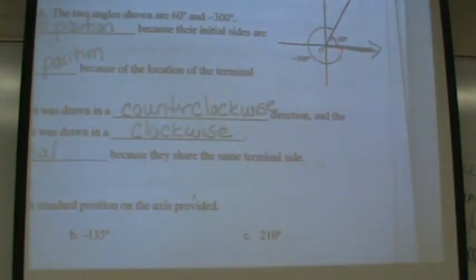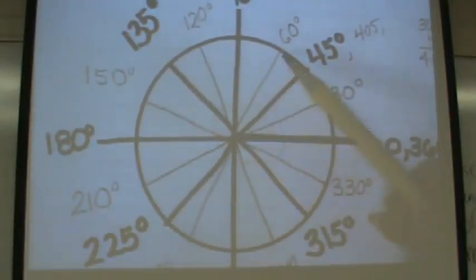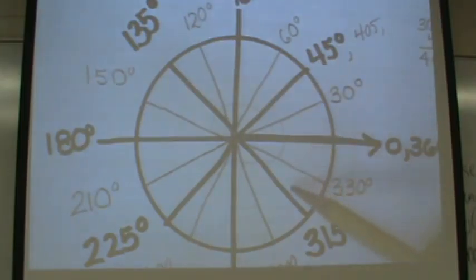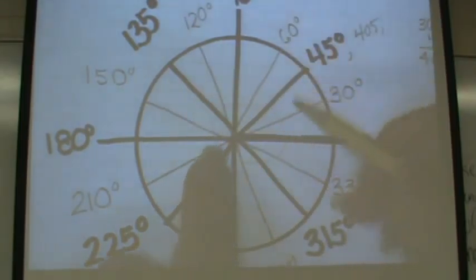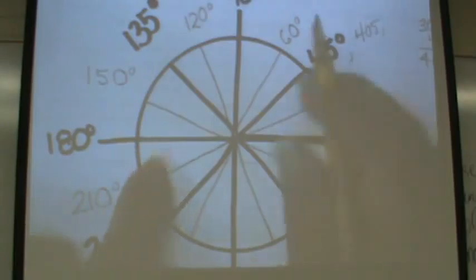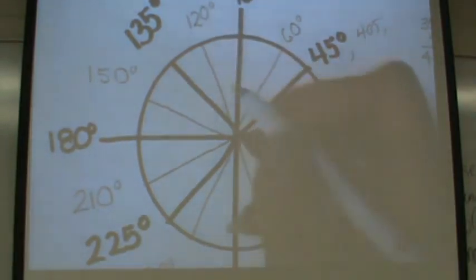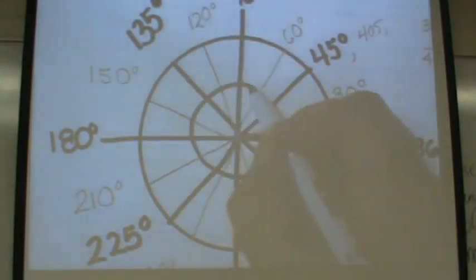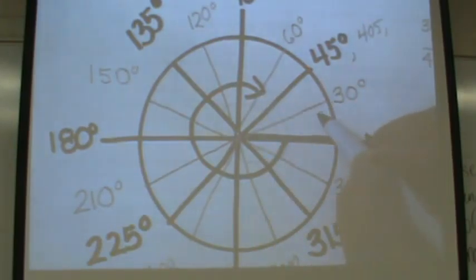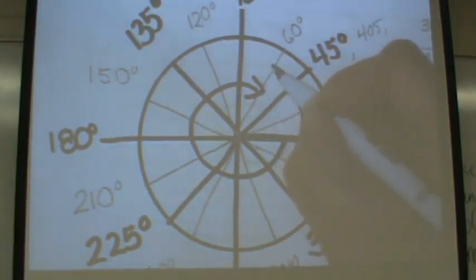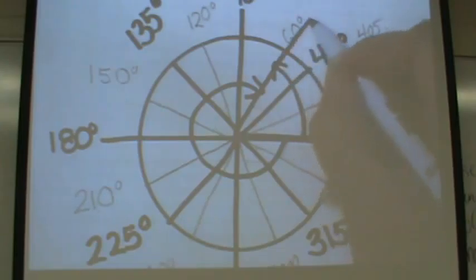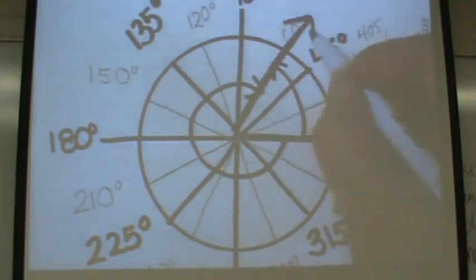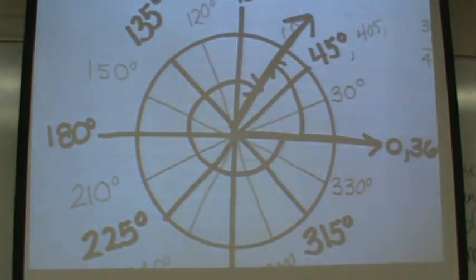If you look at the drawing we did, a 60-degree angle is the same as a negative 300. If you go backwards 300, that's a negative 300, and positive 60 are both coterminal because their terminal side is the same.